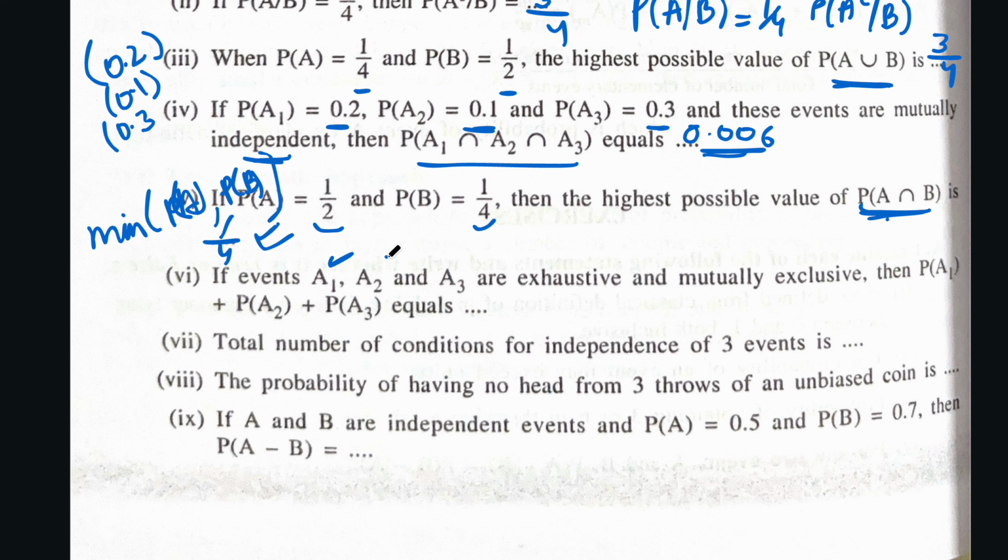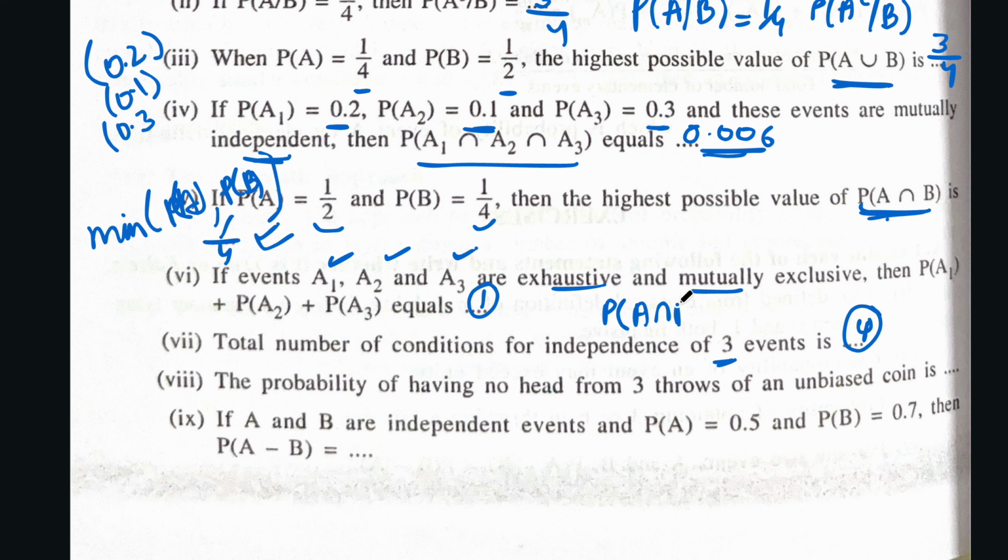If events A1, A2, A3 are exhaustive and mutually exclusive, then probability of A1 union A2 union A3 is equal to, I think, yeah. Yeah, correct, two things. Okay. Total number of conditions for independence of three events is... Independence condition is, what is the... 4?